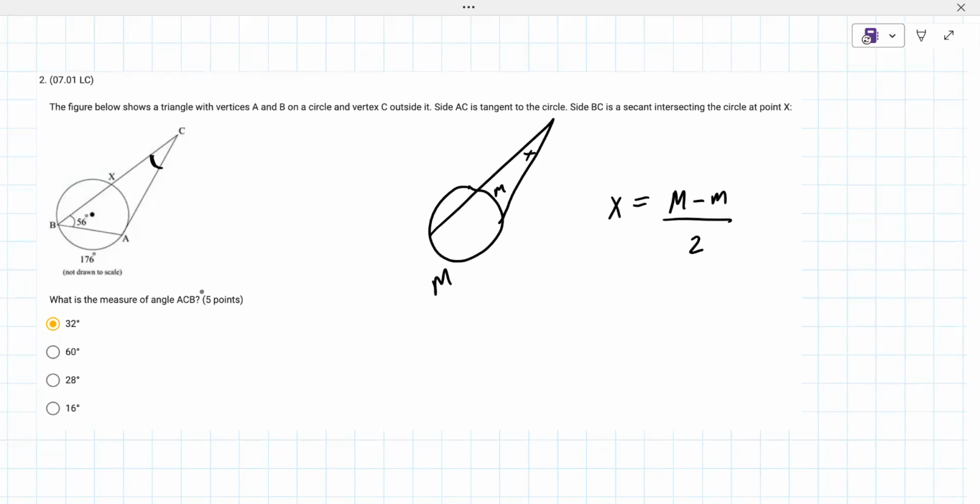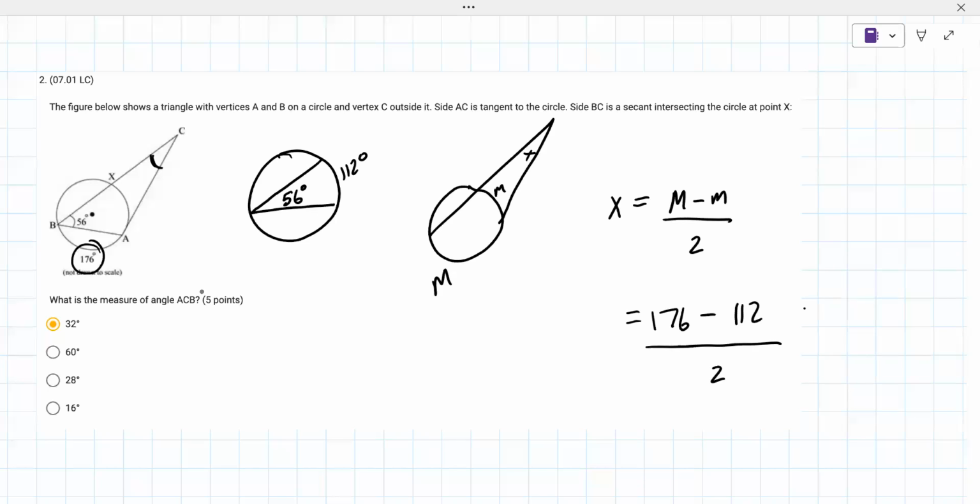We want to find x, so we need big M, which is 176. Little m you get from the fact that there's an inscribed angle in the circle, so that 56 degrees turns into 112 degrees, all over 2. So 64. It's divided by 2, like the other thing we did the other day.